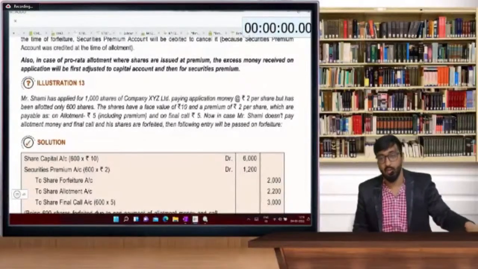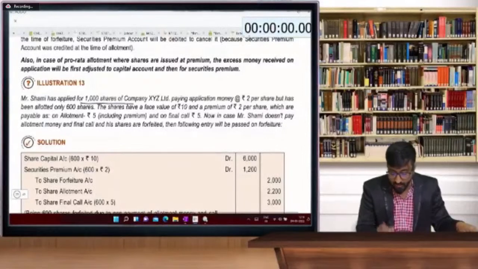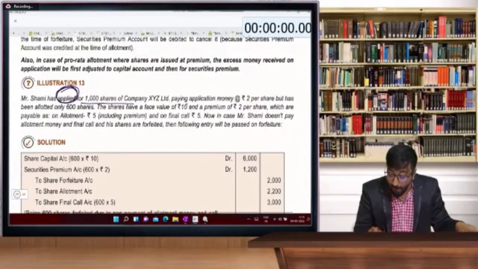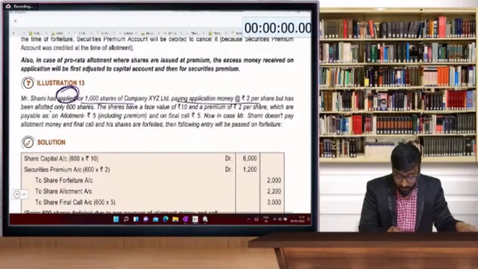Now 13 number, very very important. Mr. Mohammed Shami has 1000 shares. He applied. Now see, here is the question of pro rata, and in pro rata, how to adjust it? Paying application money rupees 2 per share, but he is allotted only 600 shares.